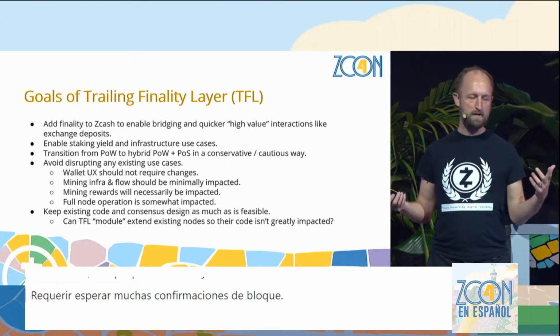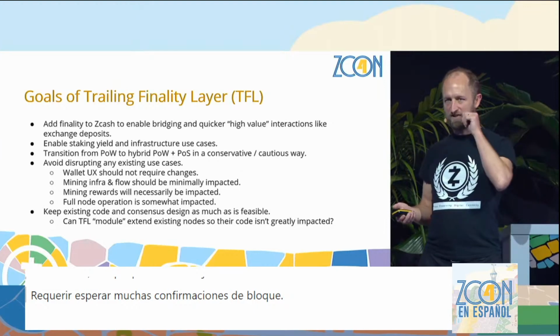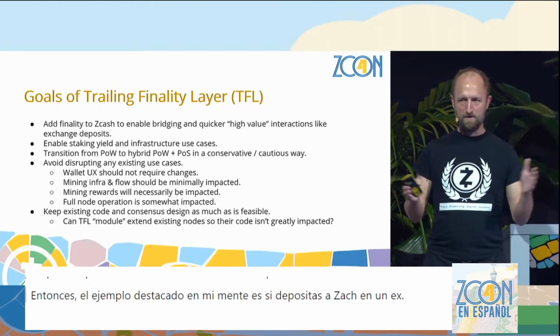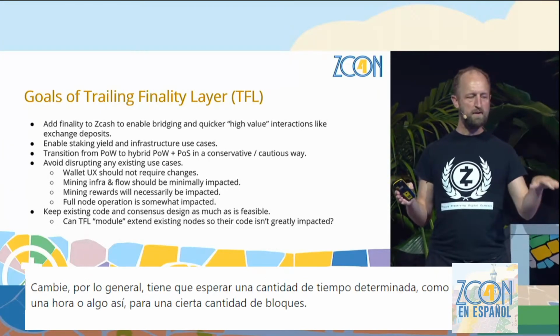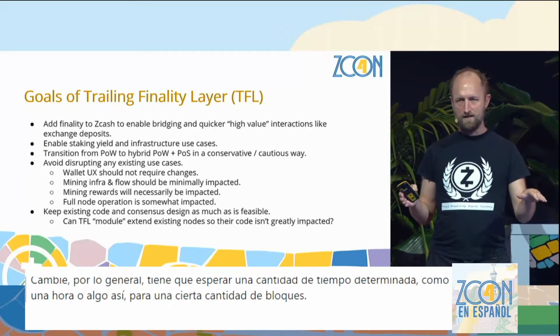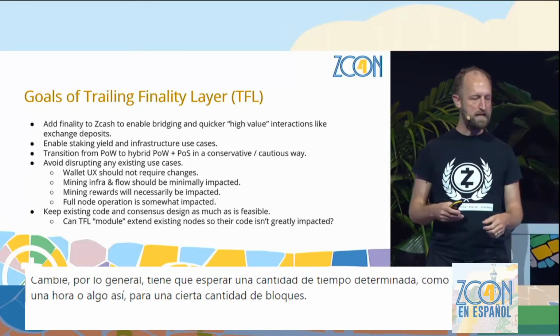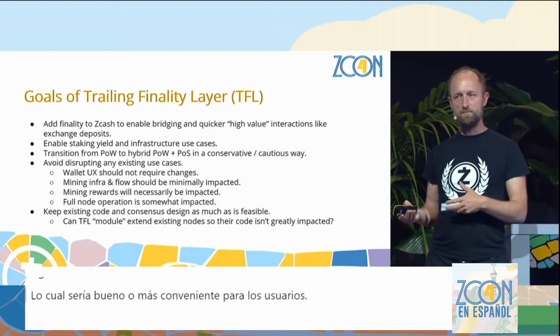The prominent example in my mind is if you deposit ZEC on an exchange, you usually have to wait a given amount of time, like an hour or something, for a certain number of blocks. If we had finality, exchanges might be able to shorten that time significantly, which would just be nice or more convenient for users. And it can enable some new things to be built on top of it.